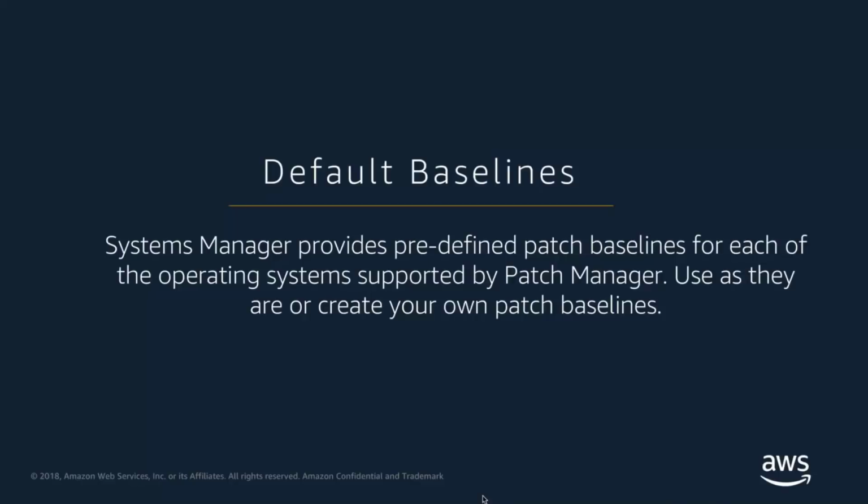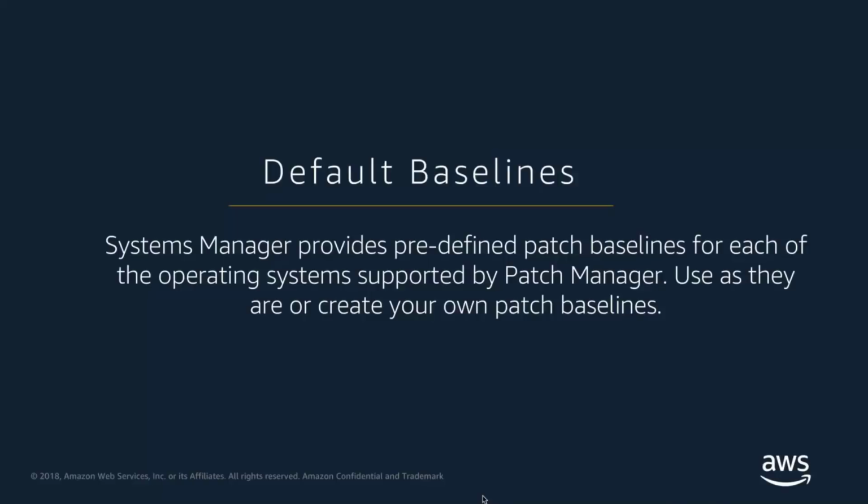If we look at a staging environment and a production environment, for example, we might be more aggressive in staging and auto-approve those patches quite quickly, but have a more conservative delay in production, so that it gives us plenty of time to test those patches in non-prod before they get into production. This would be a good way for you to test your patches before pushing them out to production.